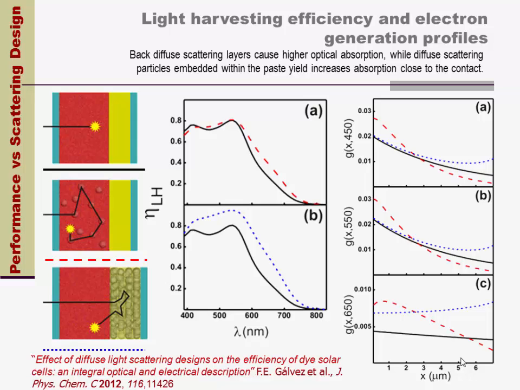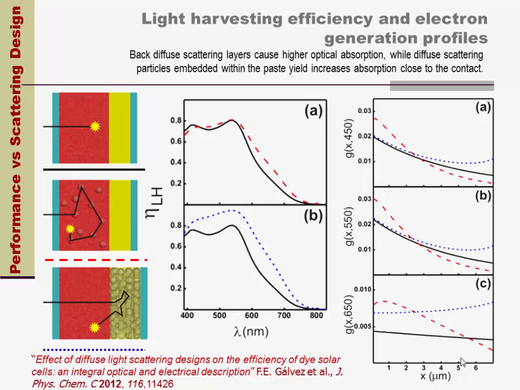But if you look at the absorption profile, so this is the electron generation function for 3 different wavelengths, in the red, in the green, in the blue. You see that for this case here, I get the electron generation function that I expected.